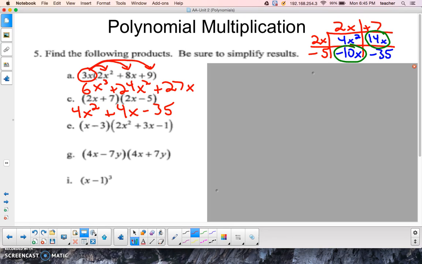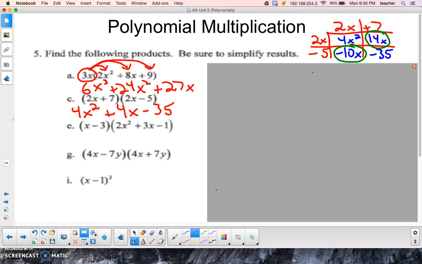Go ahead and try the other three on your own. Be careful. I suggest using the box to organize yourself, but you can use arrows as long as you multiply every term by every other term. Also, a quick reminder, don't forget that in letter I here, what it means when you raise something to an exponent. Remember that x squared means x times x.